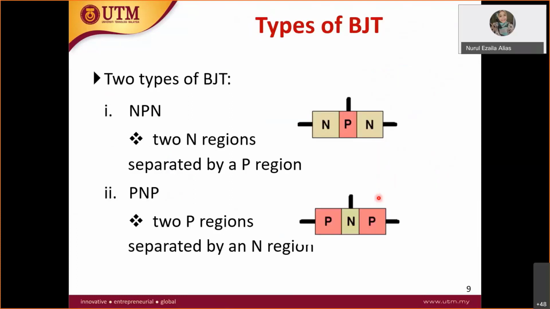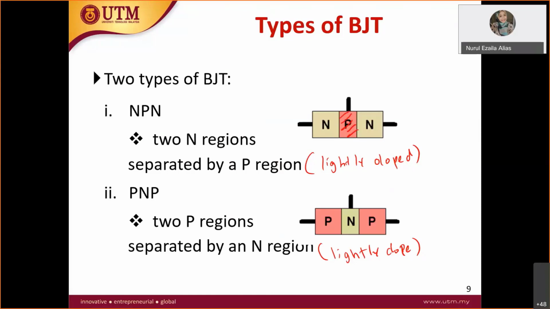Again, for NPN, it has two N regions separated by a P region. This P region is actually very lightly doped. As you can see, the P region here is a very thin layer compared to the N region in the NPN junction.